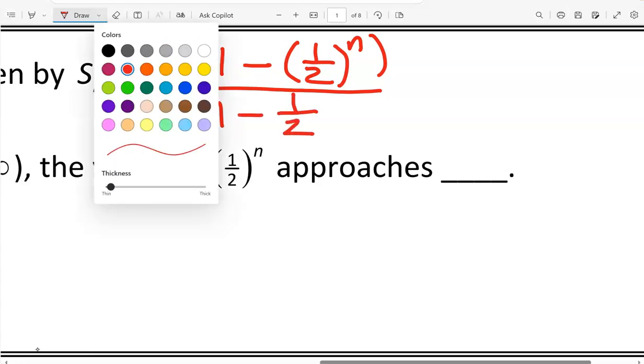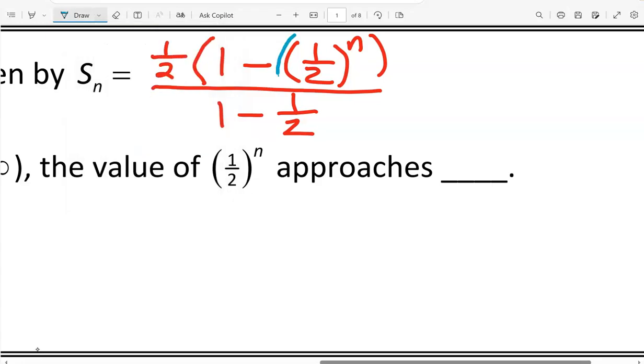Now, what I want to concentrate on here is this term right here, 1/2 raised to the n power. If we raise 1/2 to the third power, we get 1/8. If we raise it to the fifth power, we get 1/32. And you'll notice that as we raise it to larger and larger values, the value of the fraction gets smaller and smaller and approaches 0.